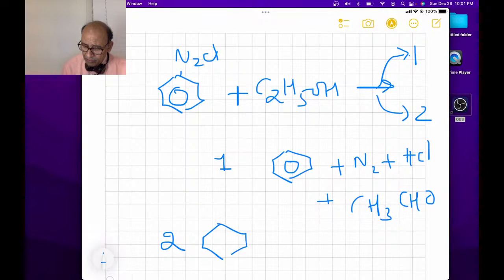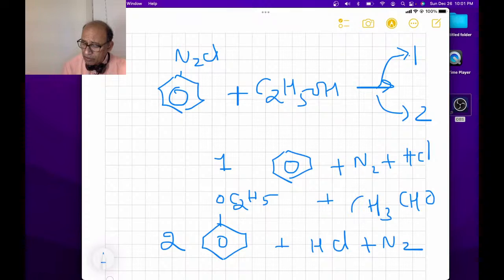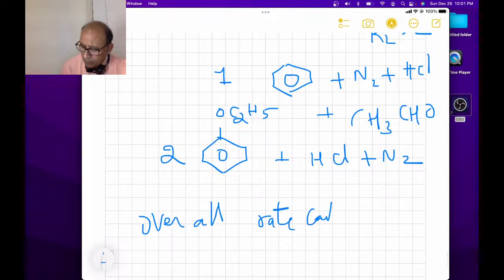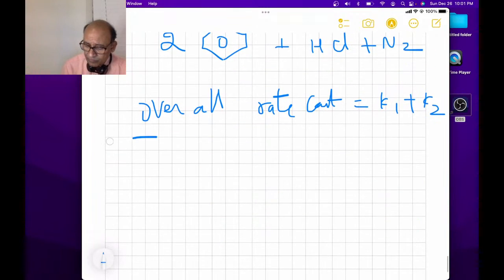In the second path, the products can be like ethoxybenzene plus HCl plus N2. So in the first path, if you say rate constant is K1, in second path rate constant is K2, overall rate constant is K1 plus K2. In this case also it is like this.